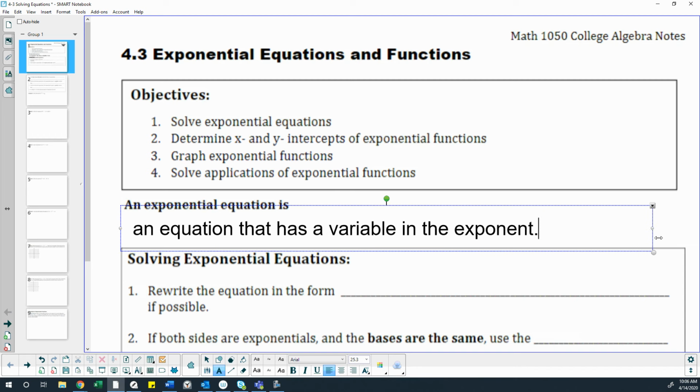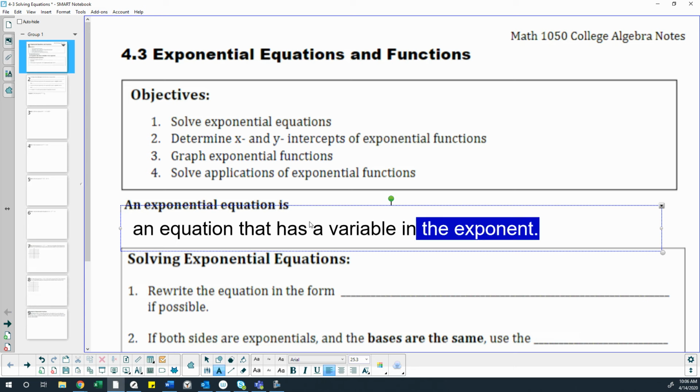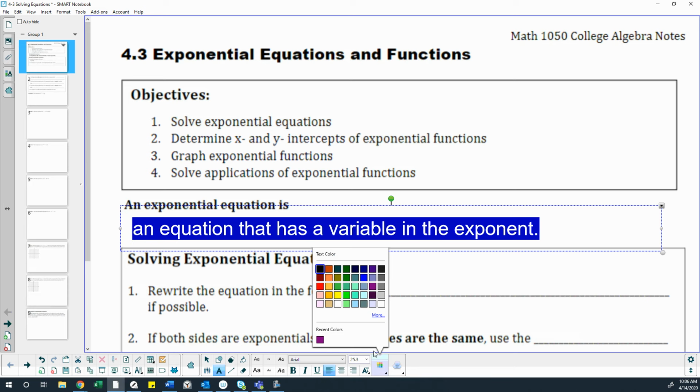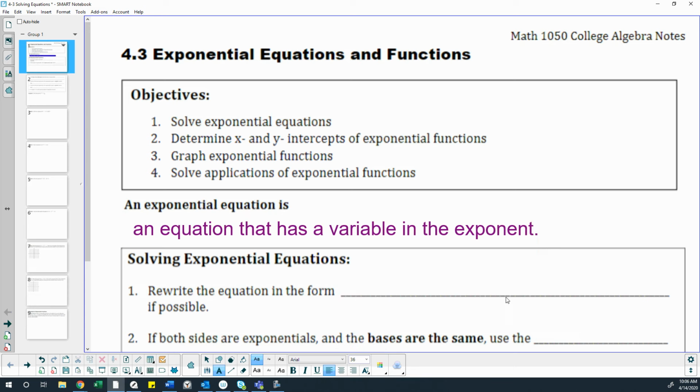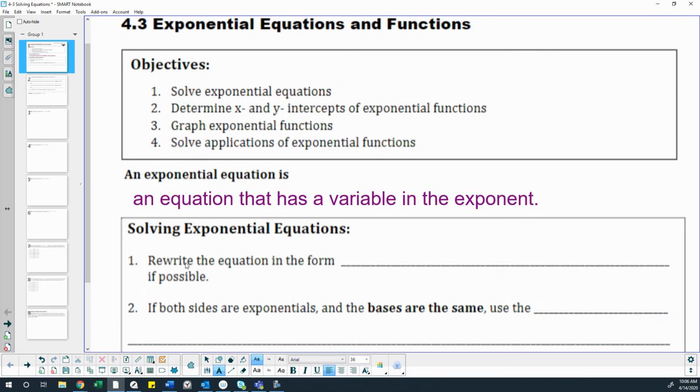I'm sure some of you might be writing, so I'm giving you some time since I cheated with my keyboard. Makes it easier to read though. An exponential equation is an equation that has a variable in the exponent. That's what we've been learning about in this chapter.